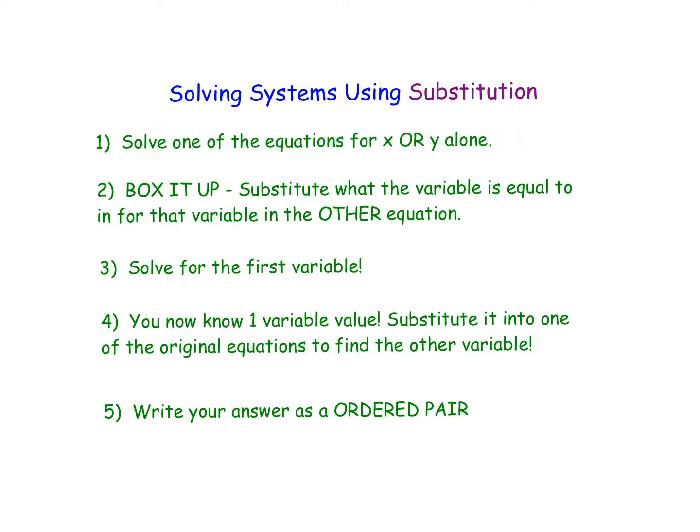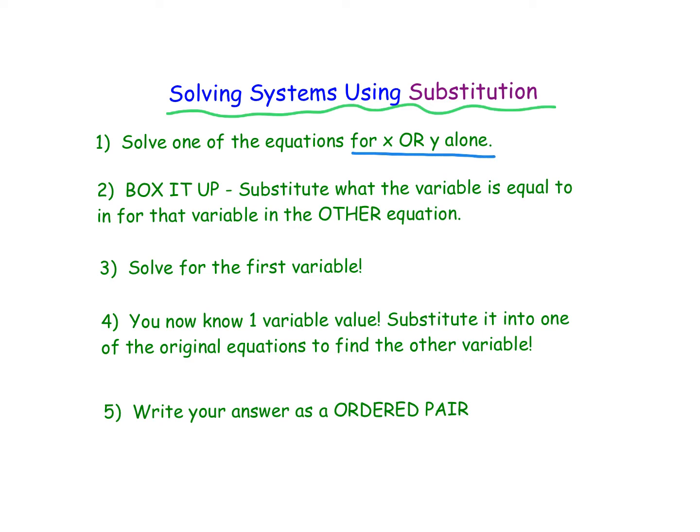So these are the 5 steps we're going to follow when we solve a system using the substitution strategy. I'm not going to break them down right now, but I just want you to look through them and notice that the first thing we're going to do is solve for one variable alone. That talks about the previous slide where you can easily get x or y alone in one of the equations.